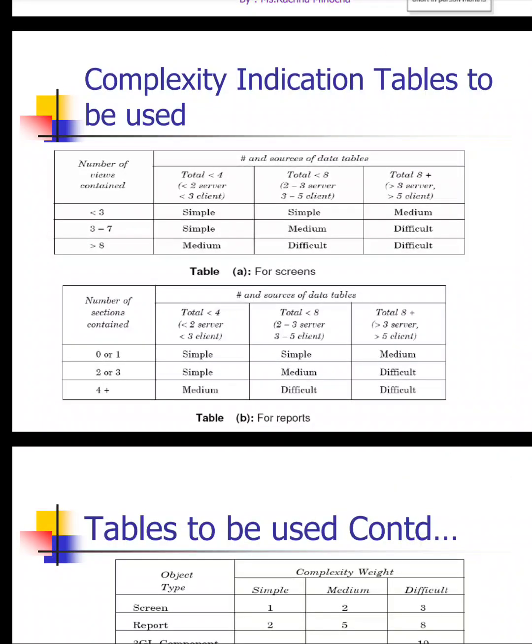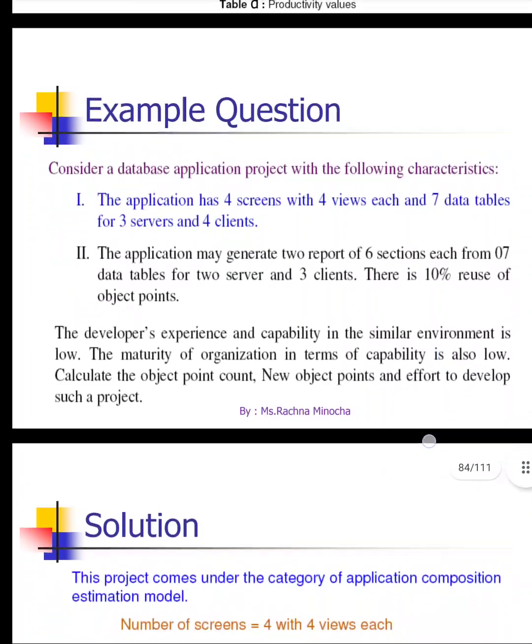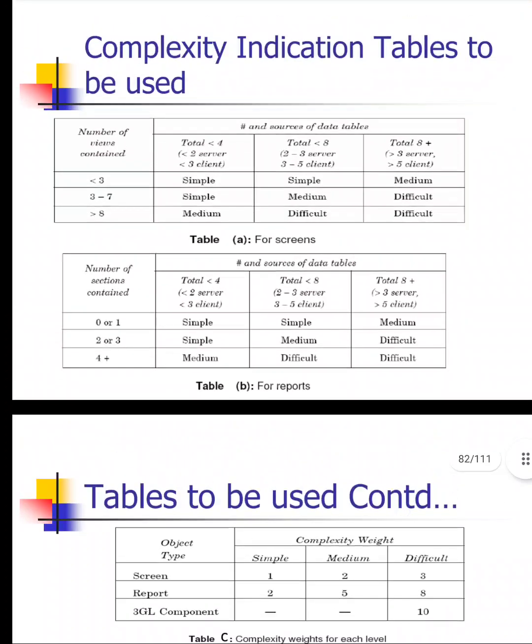We have 4 screens, so it is between 3 to 7, with 4 views each. And then it says how many data tables we have: 7 data tables having 3 servers and 4 clients.